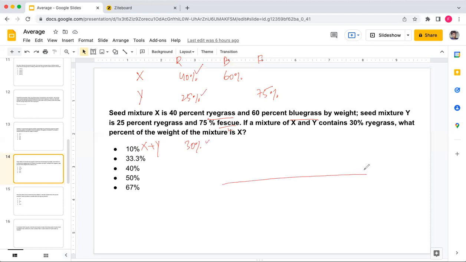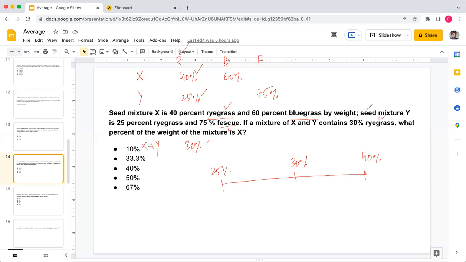Now straightforward, use the number line. The least one is 25%, the highest one is 40%, and the overall is 30%, right? And remember one thing, for using the formula, the quantity you are comparing must be the same. You are taking the percentage of R, and the overall R final value is given, right?